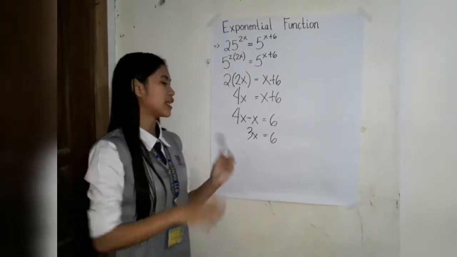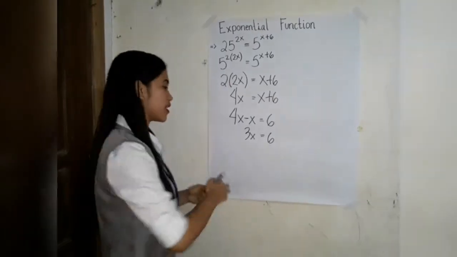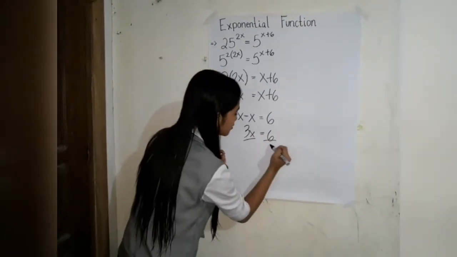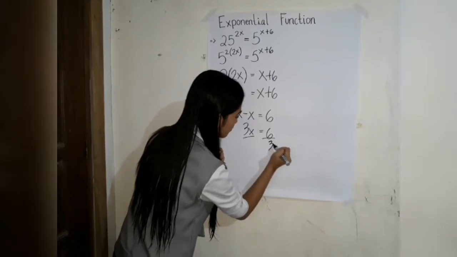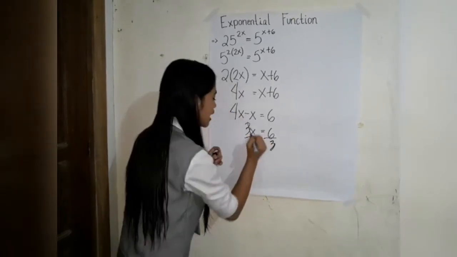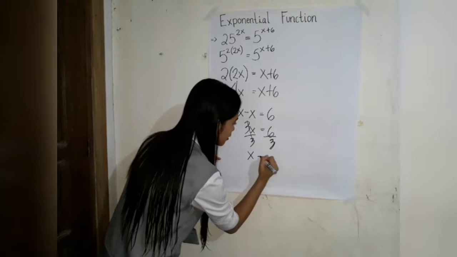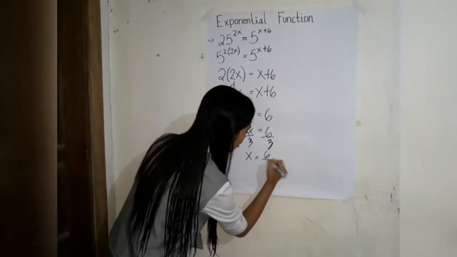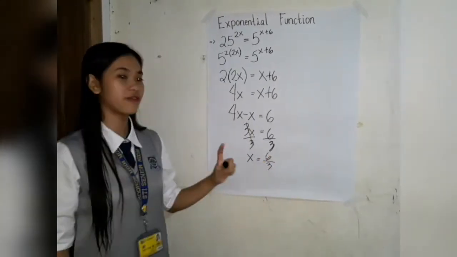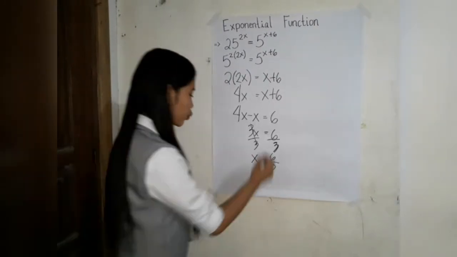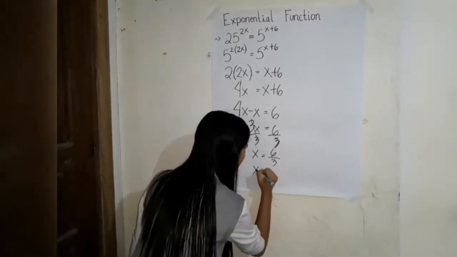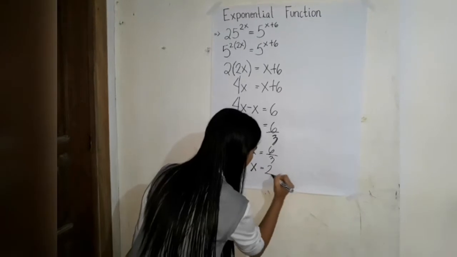And now, to get the value of x, we divide both sides by 3. So, cancel, x is equal to 6 over 3. 6 divided by 3 is equal to 2. Therefore, the value of our x is 2.